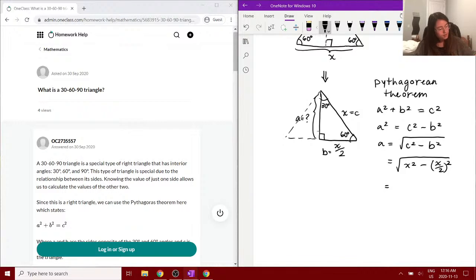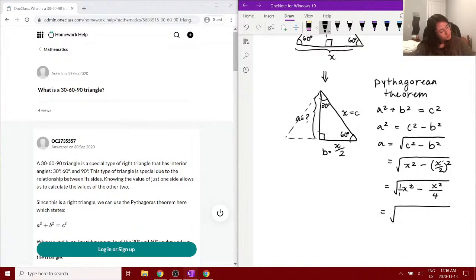Okay, now we can combine, so we have x squared minus x squared over 4. Let's square everything inside the bracket. Then we can add the fractions. If it's just x squared, we can imagine that it is 1 over 1, right?